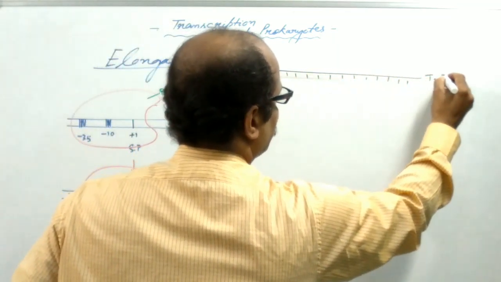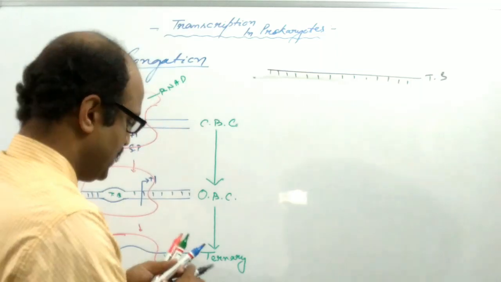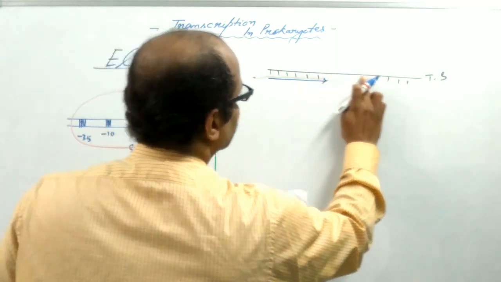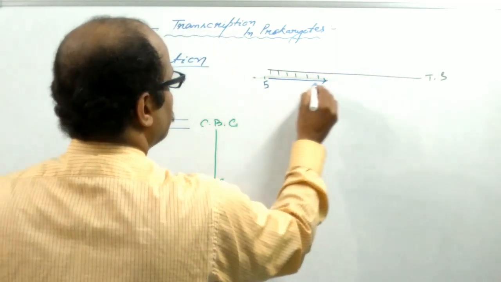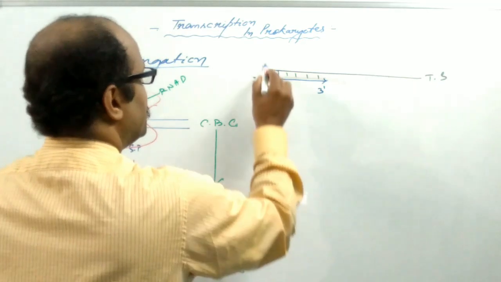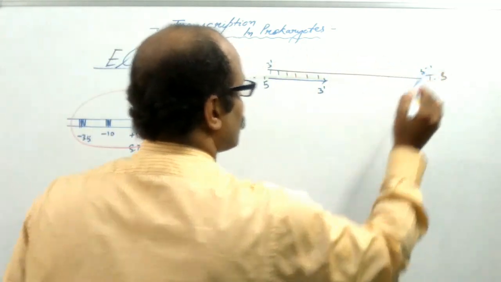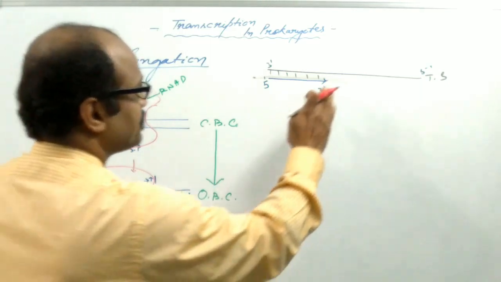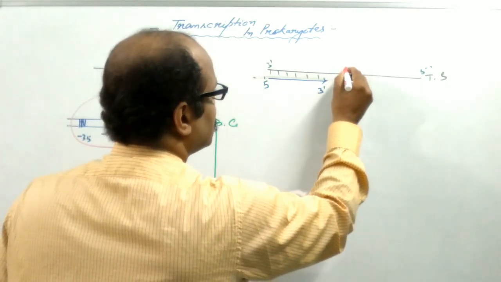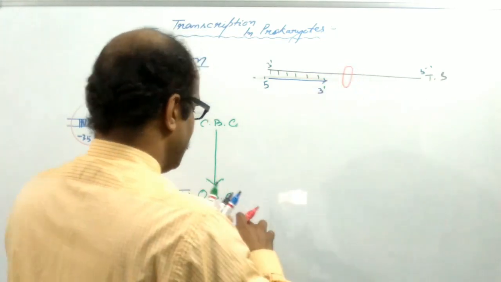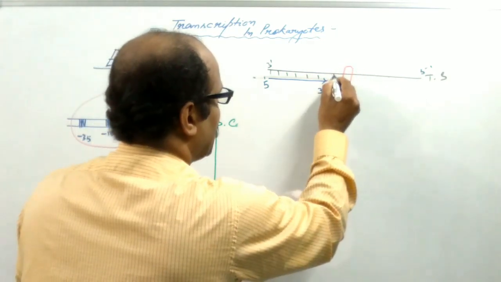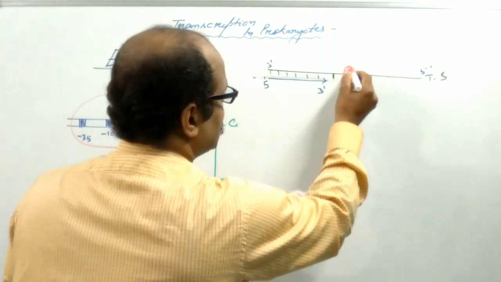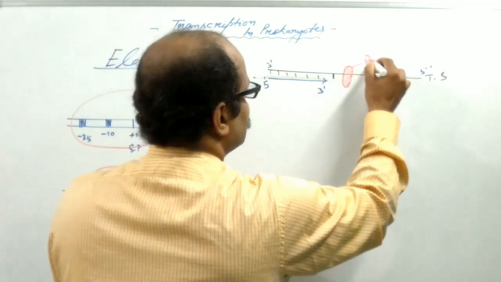Suppose that this is the template strand and this is the newly synthesizing RNA transcript in the 5' to 3' direction. At a time, a single nucleotide is available for the RNA polymerase to transcribe. This is the protein bridge.